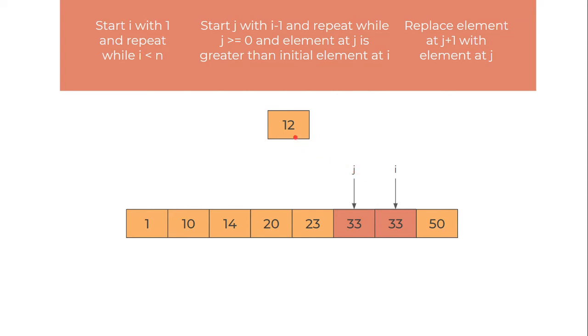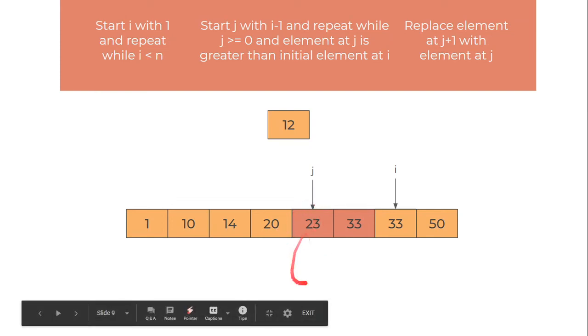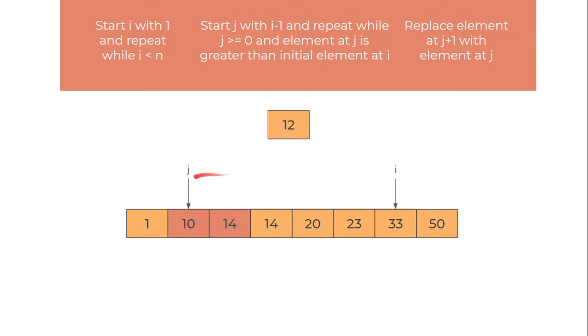Save the value of I. 33 is placed here. 23 is greater, right? 20 is again greater. 14 is again greater. 10 now is smaller. Now 10, since it is smaller than the initial value of I, we just place that value at j plus 1.